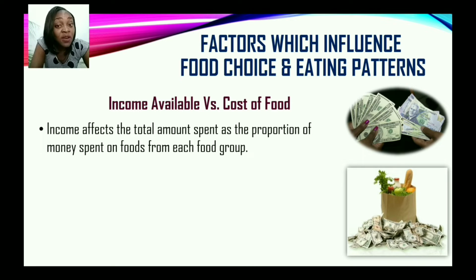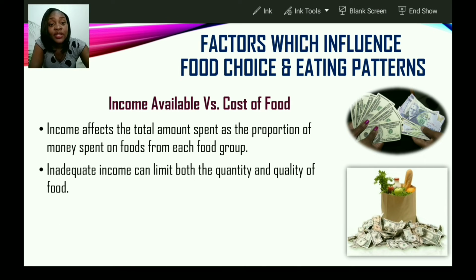Now, inadequate income can limit both the quantity and quality of food. Now, the quantity refers to the amount of food that is purchased, and the quality refers to how nutritionally adequate that particular food is. How beneficial is it to the body? Now, foods that are normally high in protein tend to be what?